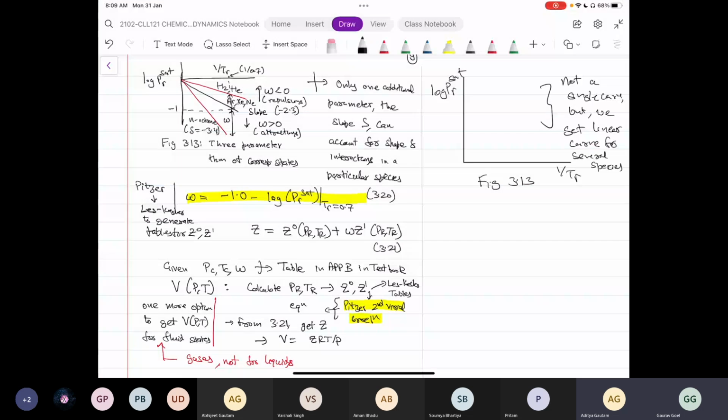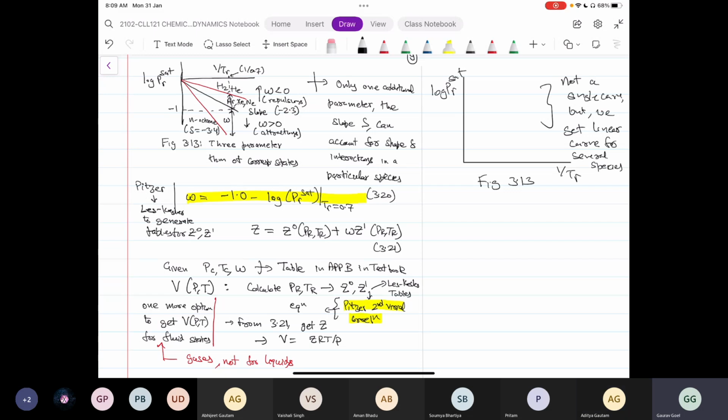So there was a question I was solving somewhere. So omega has to be -1 now. No, no, omega is not -1. Omega is the difference between, you can say, the y-axis, which is logarithm of Pr sat, which is clearly written here.